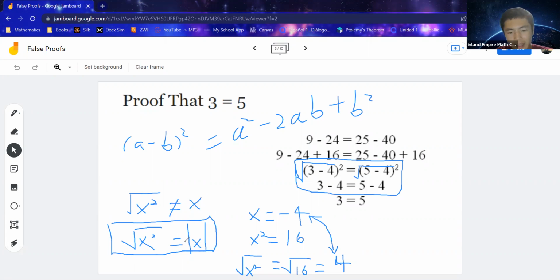Because this guarantees that you always get the positive root. Okay, does all of this make sense? Does this box statement make sense to all of you? Are there any questions about any of this? Because if not, we'll be moving on to the next proof, and it also involves this concept.